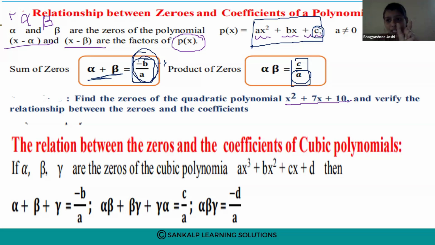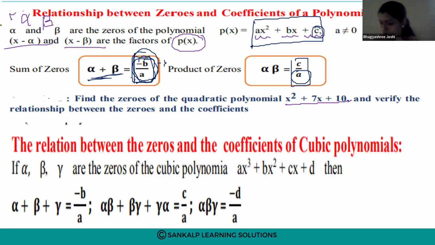If you add the two zeros, whatever value you get, and when you calculate minus b by a, whatever value you get, both are the same. So the value of alpha plus beta and the value of minus b by a are the same. This relation tells us both are same.